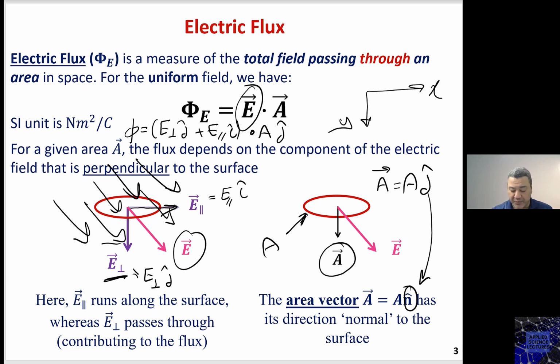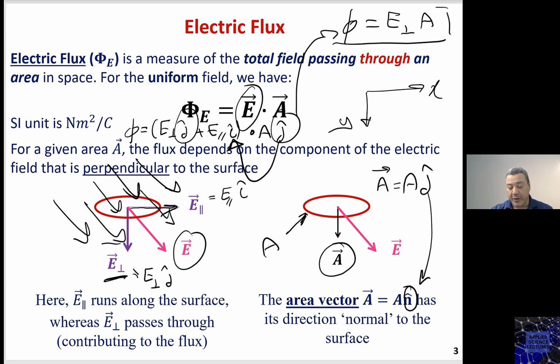The dot product between j hat and i hat is 0 because theta is 90 degrees and cosine theta is 0. I end up only with the flux being E perpendicular times A, because j hat dot j hat is 1. That's why I said only the component perpendicular to my surface contributes to the flux.